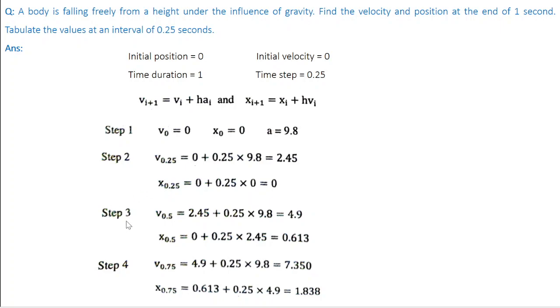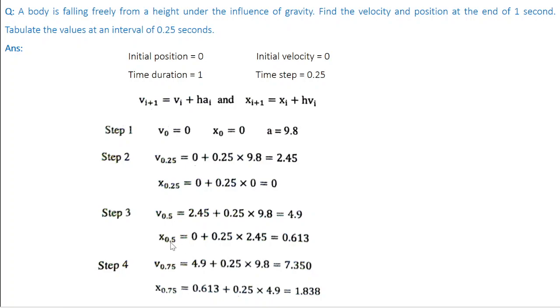Now in the third subinterval, you have to find velocity after 0.5 second and position after 0.5 second. So V of 0.5 equal to V of 0.25, which is 2.45, plus step size into acceleration.